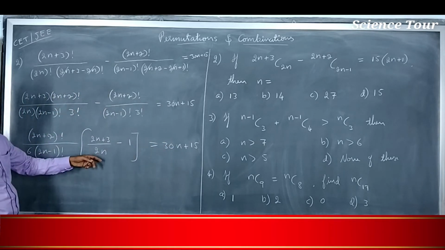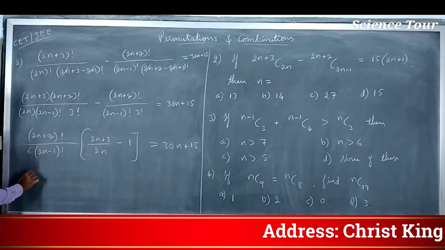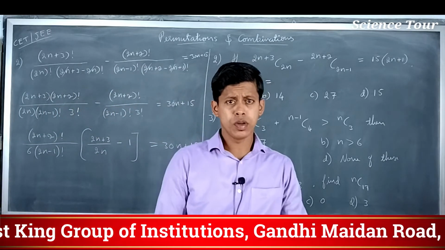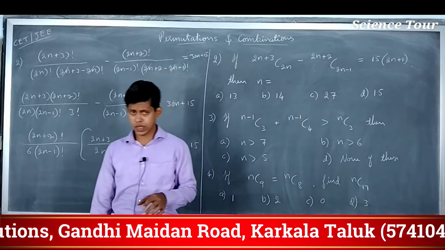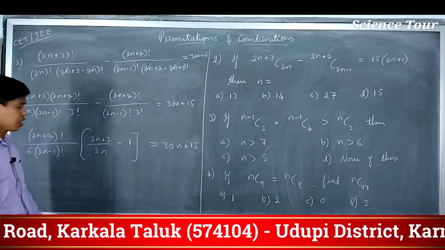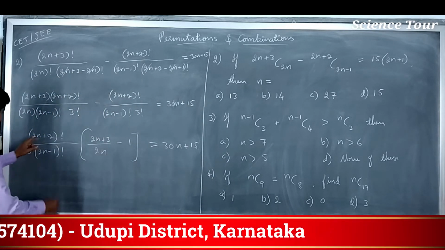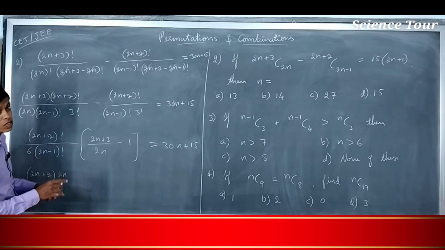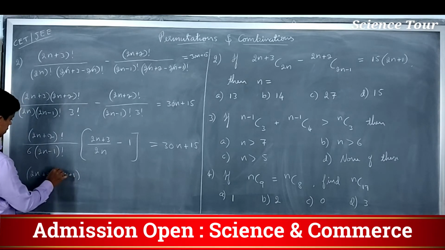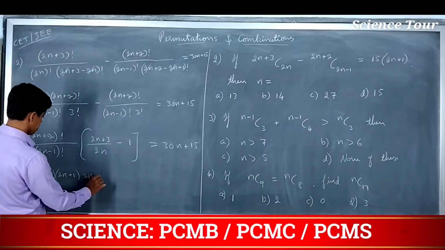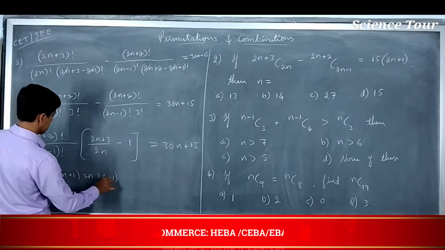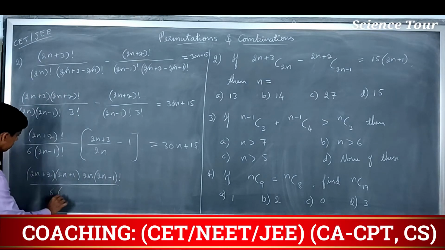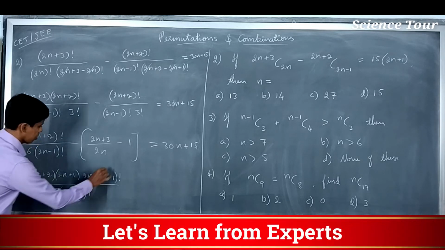Now, let us simplify this so that we can get rid of that 2n, right. So here you have got (2n+2), right. That can be written as (2n+2) into (2n+1) into (2n) into (2n-1) factorial. So (2n-1) factorial can be cancelled. So this is (2n+2) into (2n+2 minus 1), which is (2n+1), and 2n, and (2n-1) factorial, divided by 6 into (2n-1) factorial, which can be cancelled out.